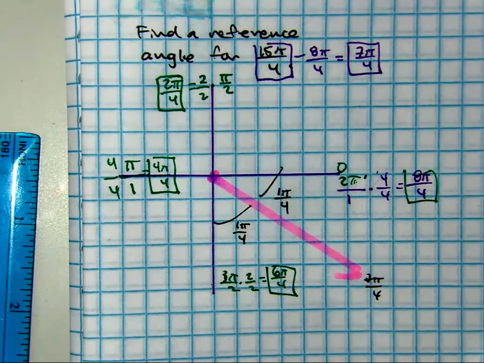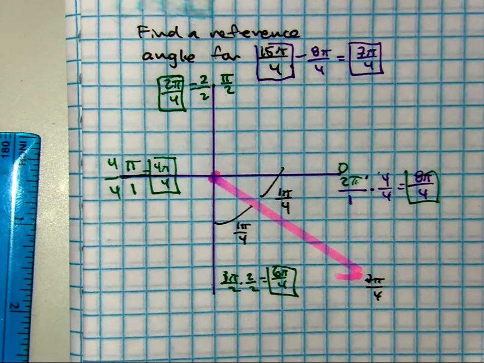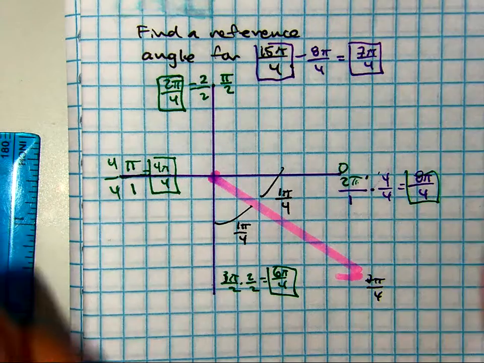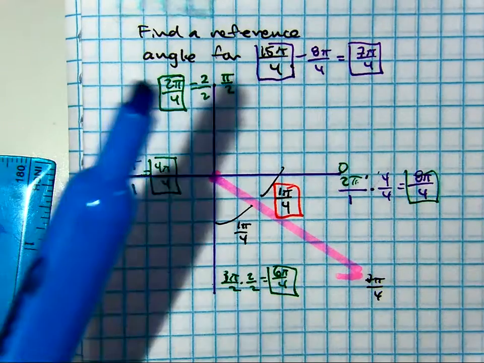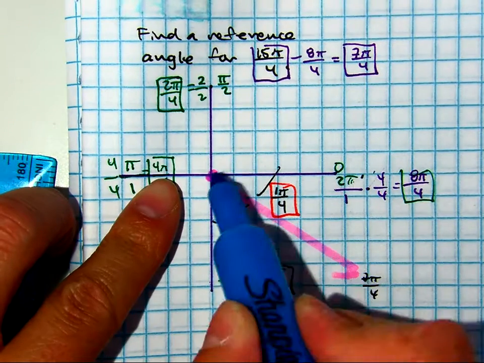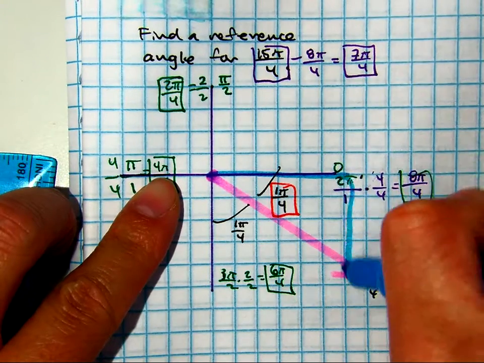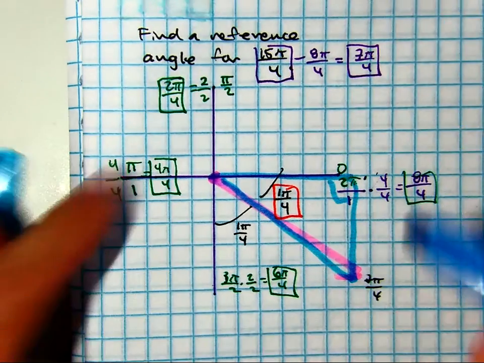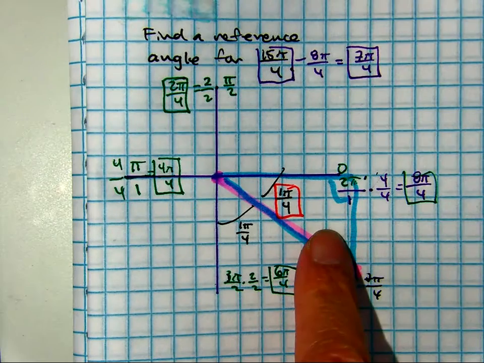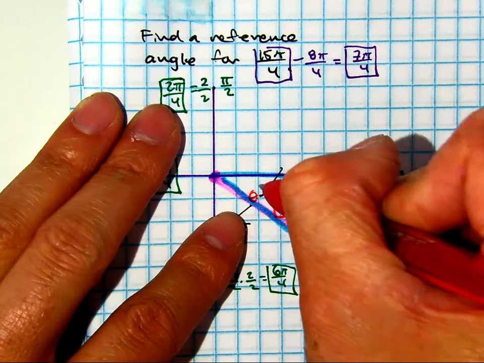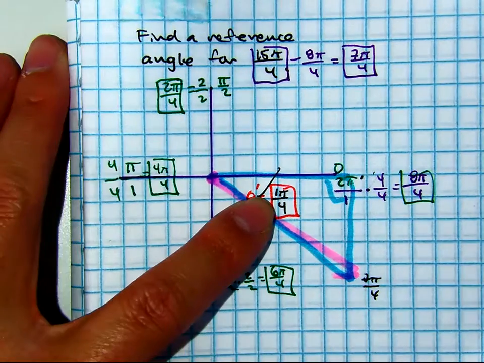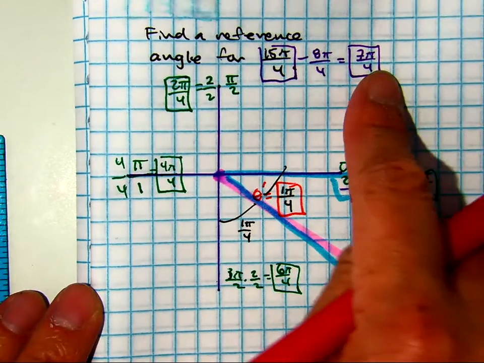Put your finger on the reference angle. The reference angle would be this one, because we're trying to make a triangle using our bow tie. There's my reference triangle. Therefore, theta prime is pi over 4.